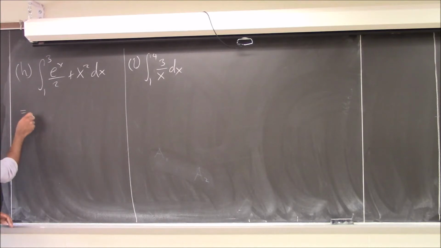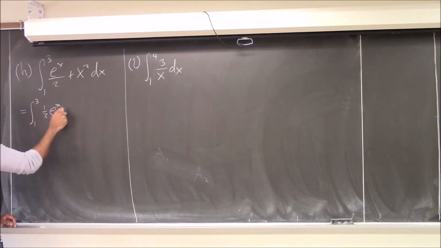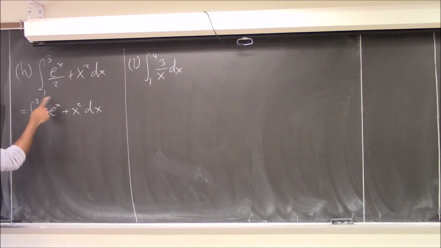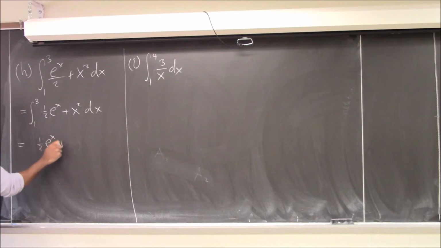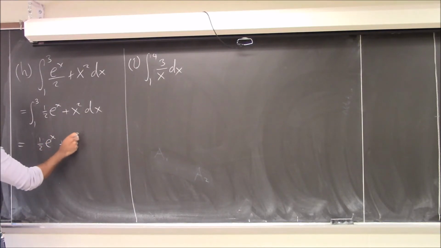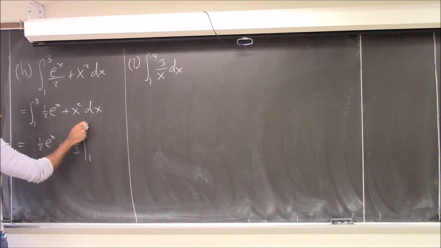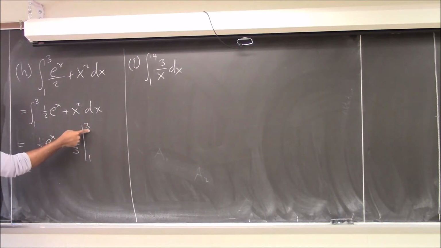So this guy again, don't confuse yourself. It's just a half e to the x, a constant times e to the x. So what we do is we integrate that, and get a half e to the x, plus, integrate this, you get x cubed over 3, with the bar from 1 to 3. Plug in the 3 for the x's everywhere.